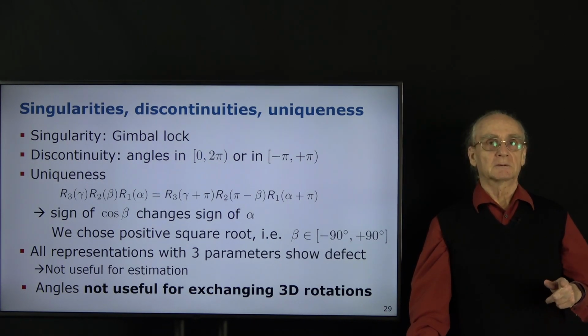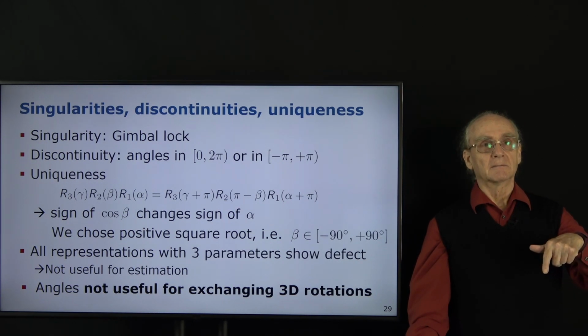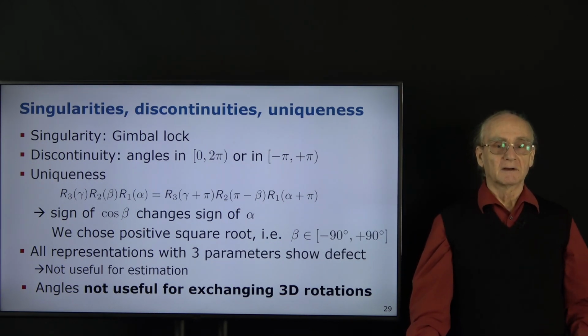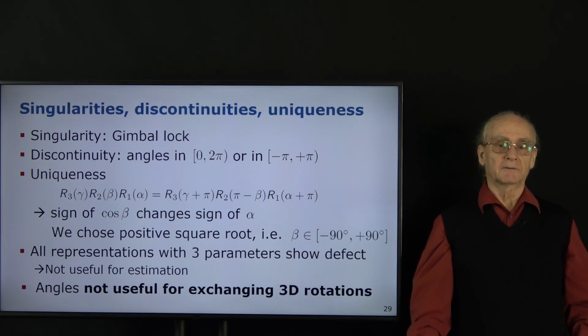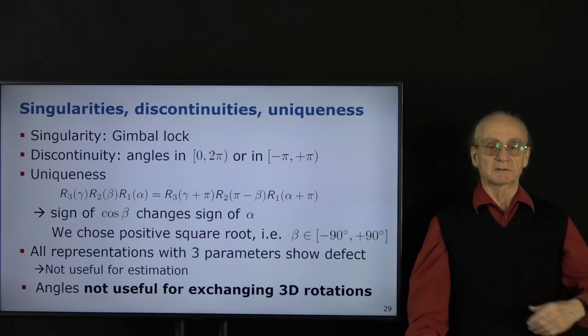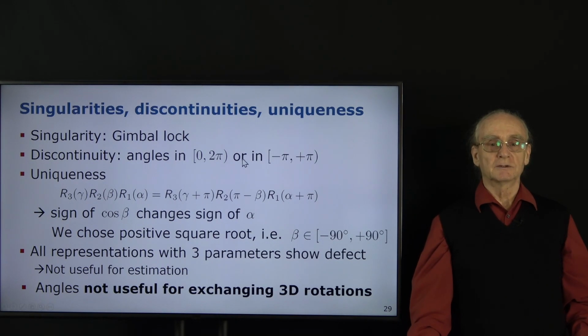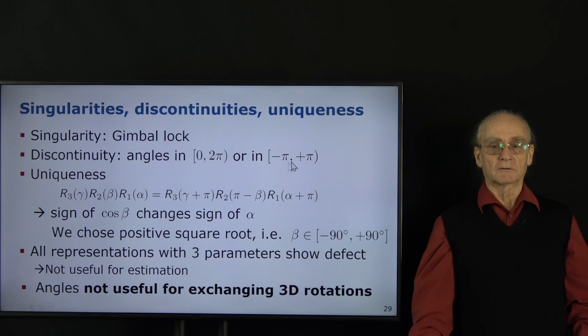You measure directions, let's say, between 0 and 359 degrees. And if you are larger than 359 degrees, you go back to 0. So there's a discontinuity, even if you go from minus 180 to plus 180 degrees. There's a discontinuity in all cases.